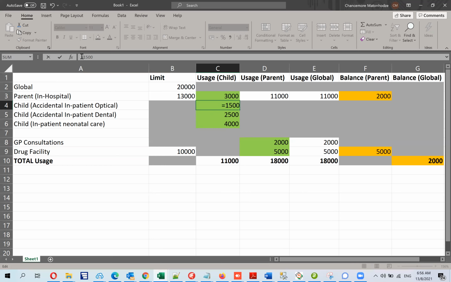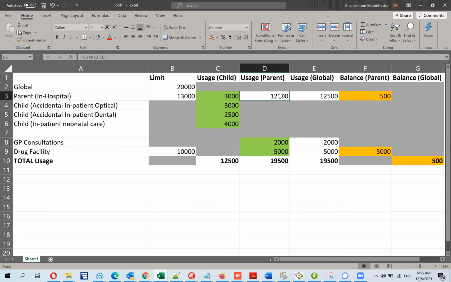So it's equal to 1,500 plus another 1,500. This goes and affects the usage on the parent and affects the global usage, and the balance on the parent is now 500. The balance on the global is now also 500. This has not been affected.